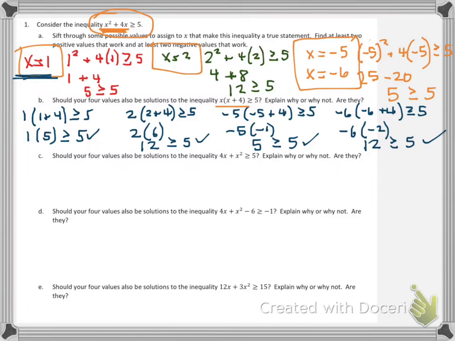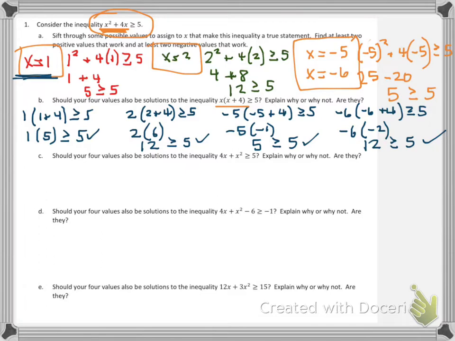So using the distributive property, I can see that the expression on the left side of this inequality didn't change. It looks different because of the distributive property, but it's still the same value.